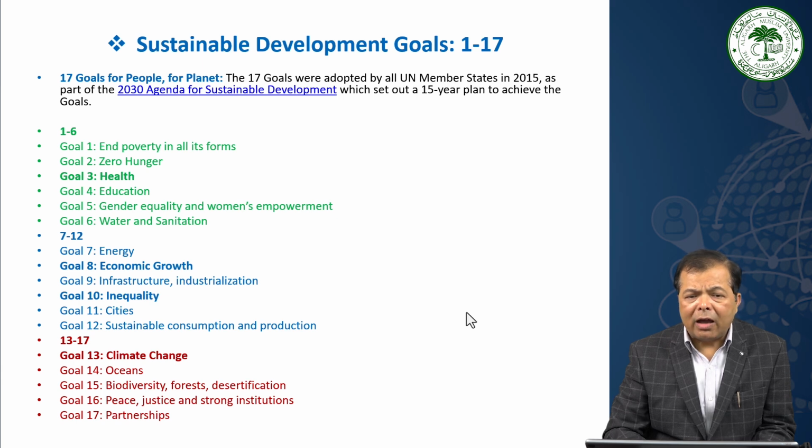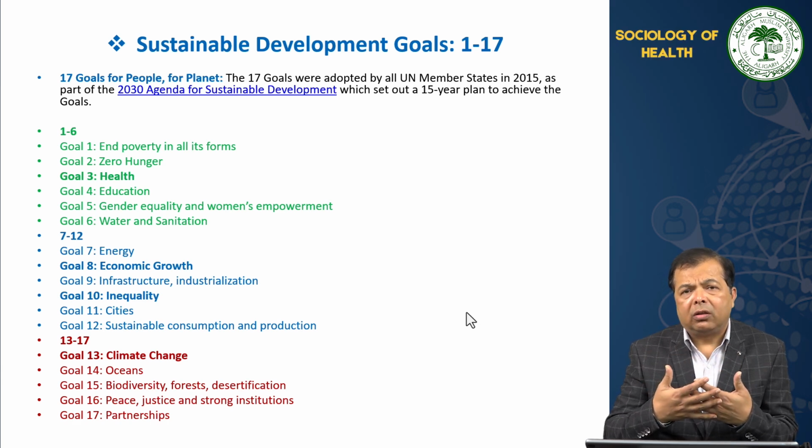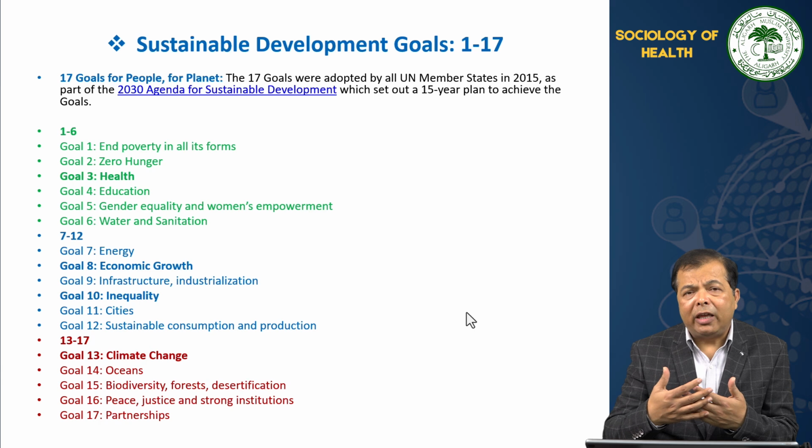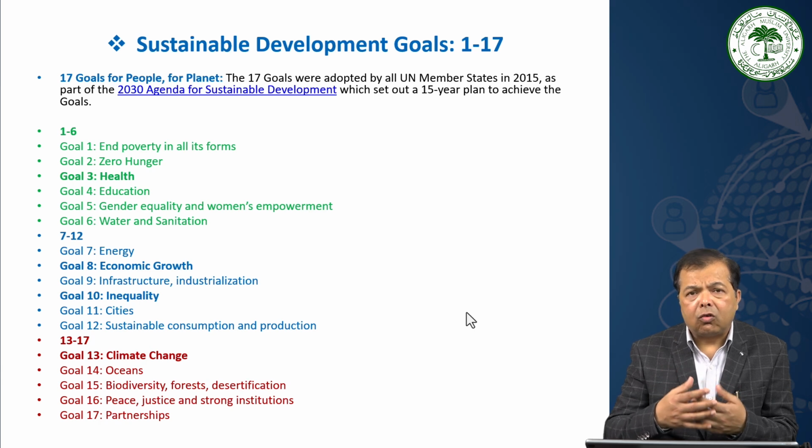Then comes biodiversity, forest, and desertification. These are all very important issues if you look at it from the perspective of the environment or climate or ecology. But we all live in that ecology. If one part of the ecology is getting destroyed, then the other part will get the negative impact.